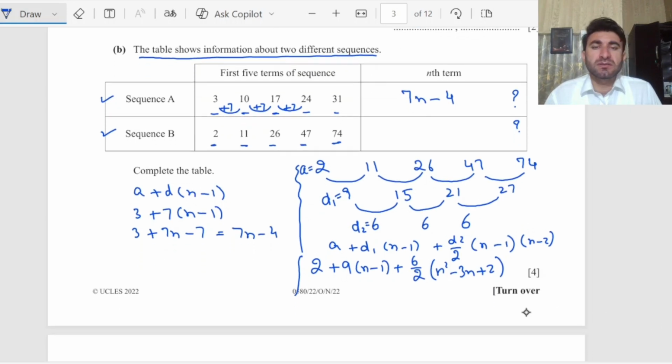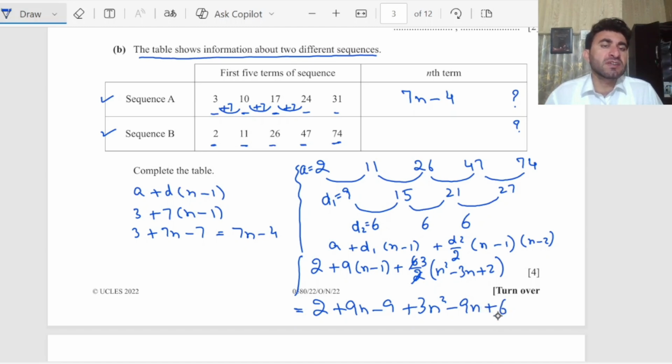Now we need the simplification of this expression, as it becomes 2 plus 9n minus 9, plus 3 multiplied with the expression n square minus 3n plus 2. So it becomes plus 3n square minus 9n plus 6.